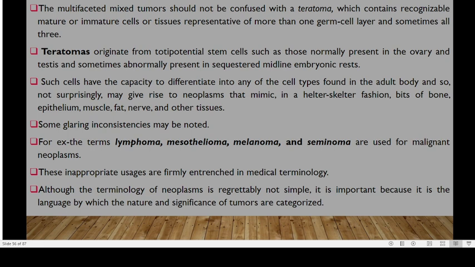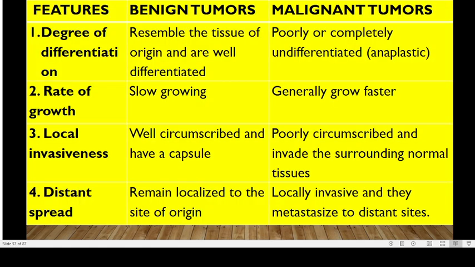Although the terminology of neoplasms is regrettably not simple, it is important because it is the language by which the nature and significance of tumors are categorized. So we can look at it in terms of the degree of differentiation, the rate of growth, local invasiveness, and distant spread.